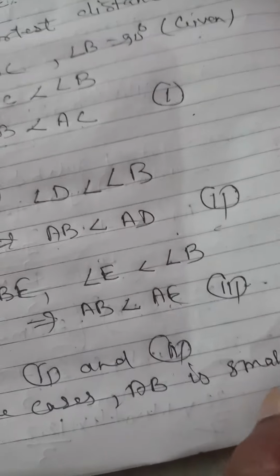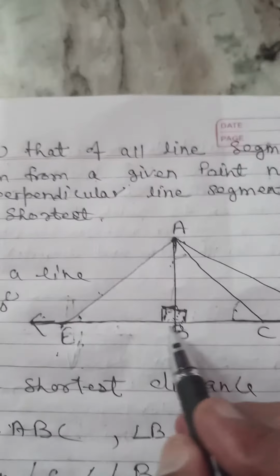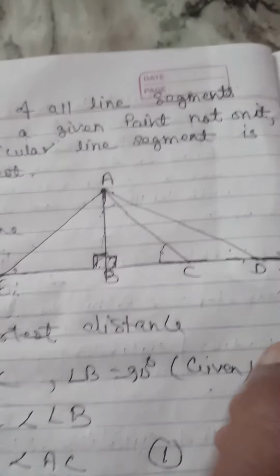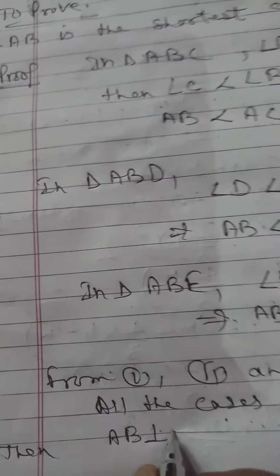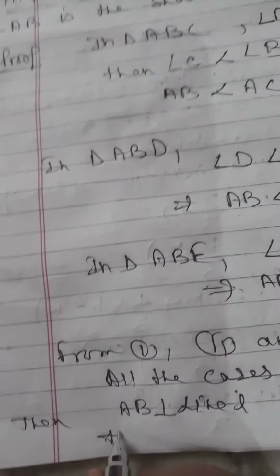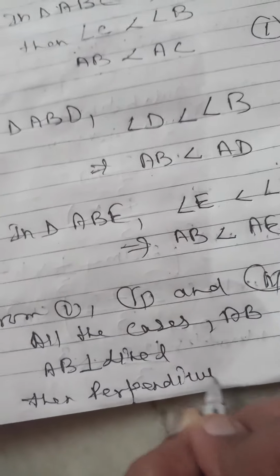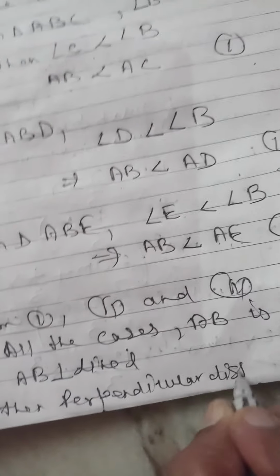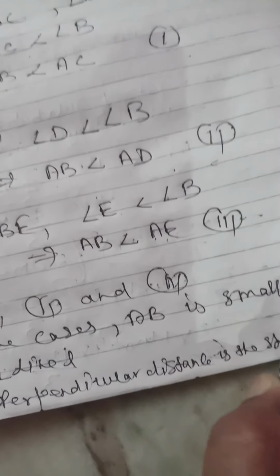AB is smallest. Then AB is here perpendicular on the given line L. AB is perpendicular on line L. Then perpendicular distance is the shortest.